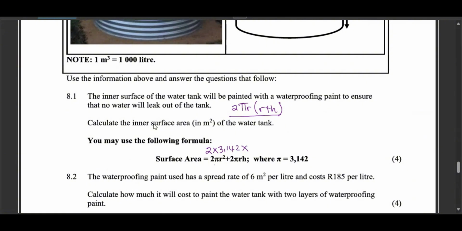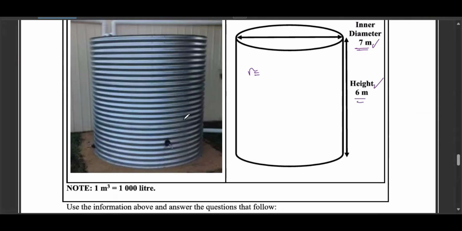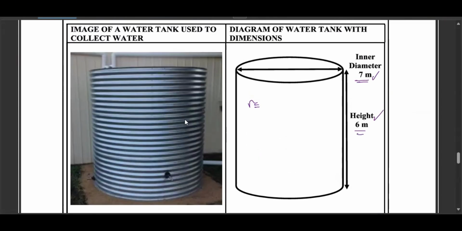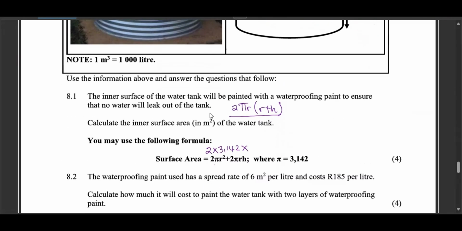Now you have a diameter of 7. Remember, the diameter given to you is 7, so we need the radius. Radius will always be diameter divided by 2, which is 7 divided by 2. The answer is 3,5, so your radius is 3,5 meters. Okay, so we shall come with the 3,5 meters. You square it. We were looking for the radius.